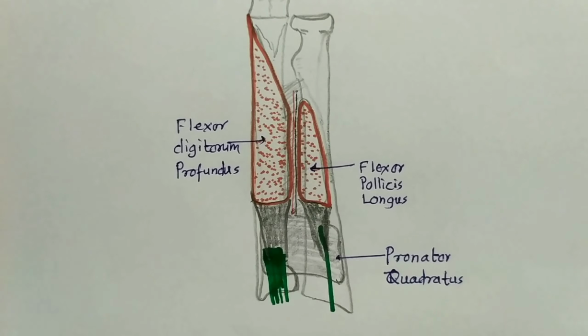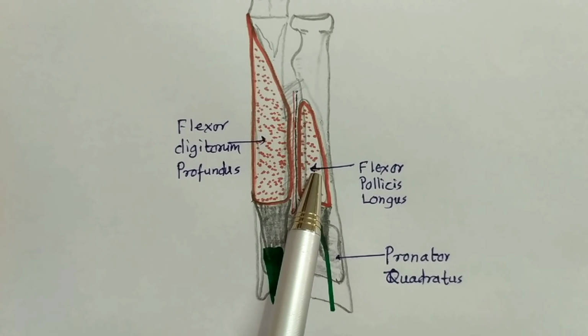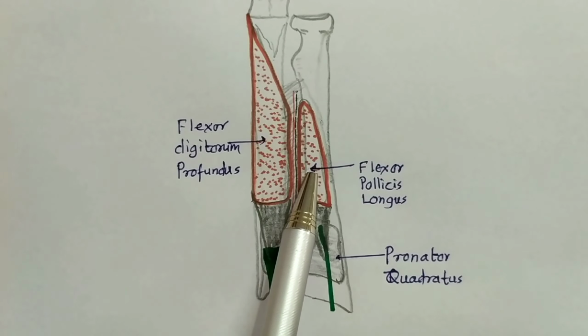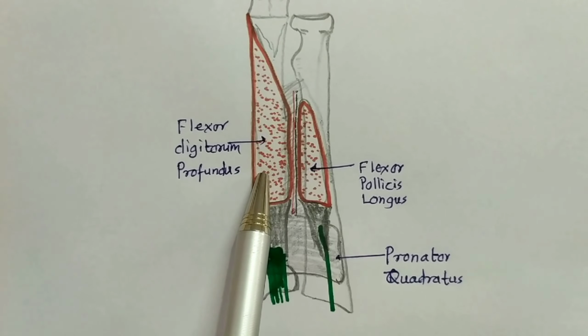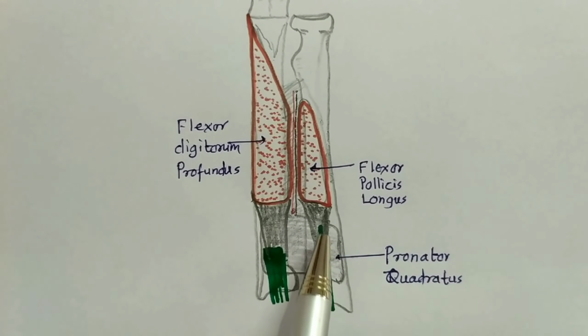Out of the remaining two deep muscles, the flexor pollicis longus takes origin from radius, while flexor digitorum profundus takes origin from ulna, and their tendons pass anterior to the pronator quadratus muscle.